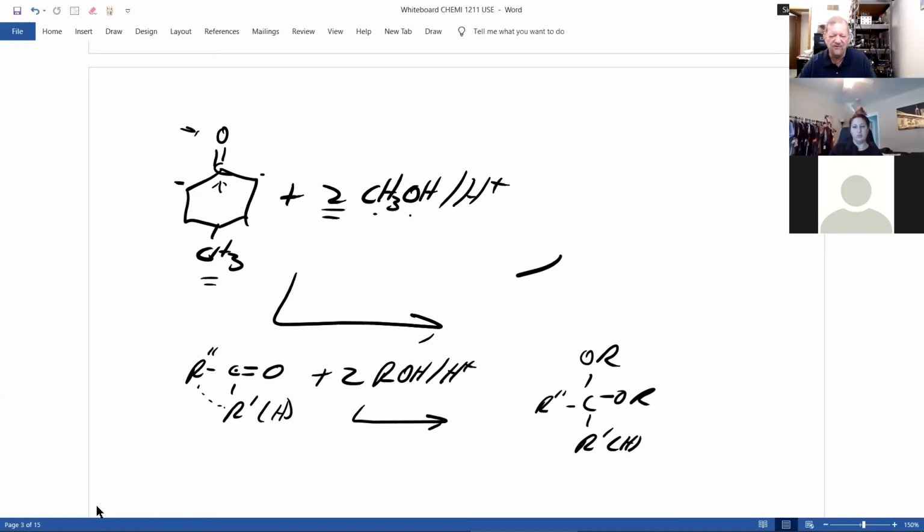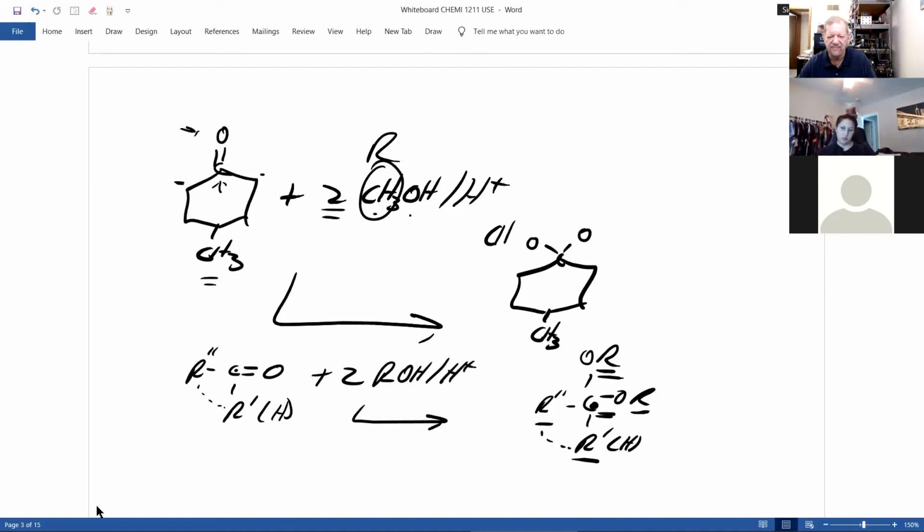No. So I still have my ring, because that's what's attached here. They're just connected together. I still have my methyl group. And then this carbon, which is this carbon, has two oxygens. And then my R group is methyl. And that's how you do it.